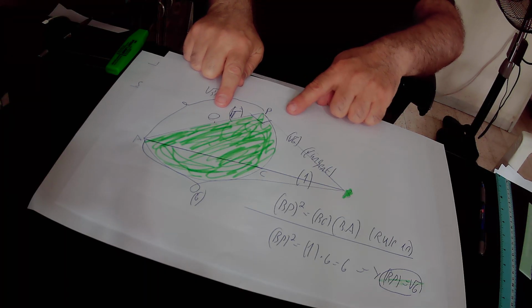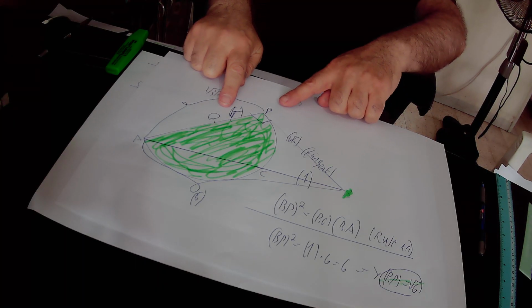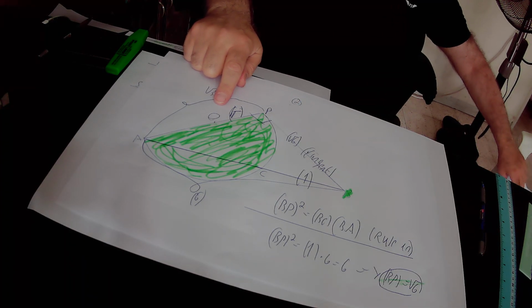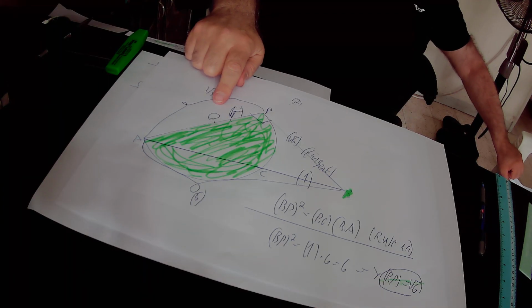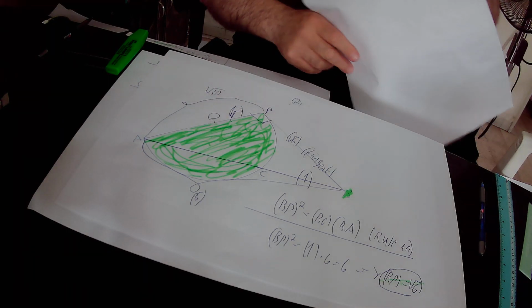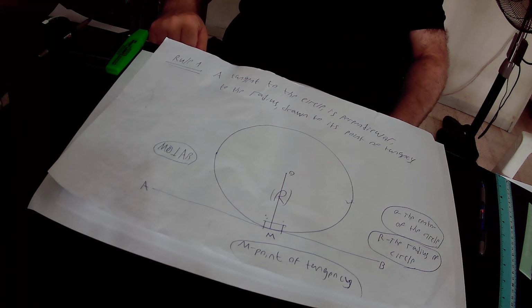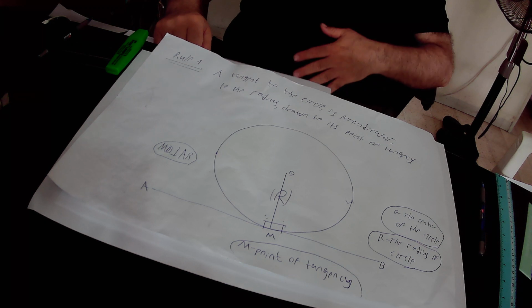And whenever you have a line segment that is perpendicular to the radius, you can implement rule 1. I'll repeat quickly rule 1. According to rule 1, a tangent to the circle is perpendicular to the radius drawn to its point of tangency.